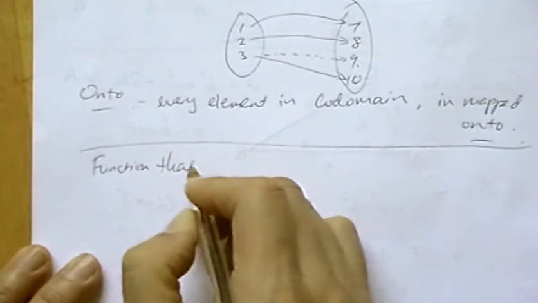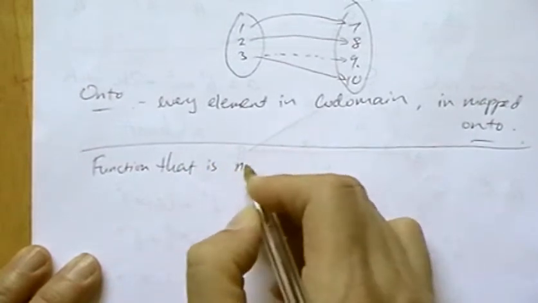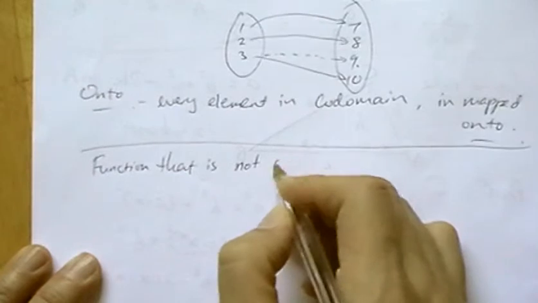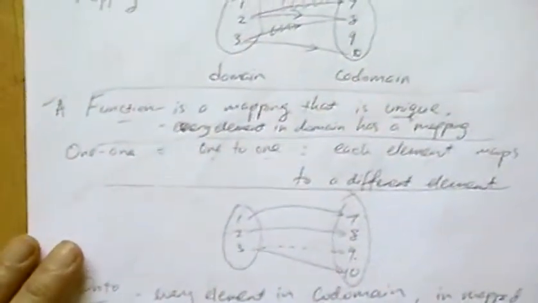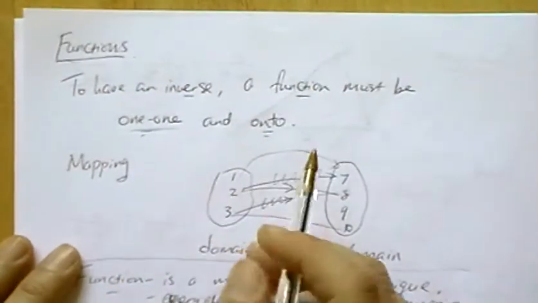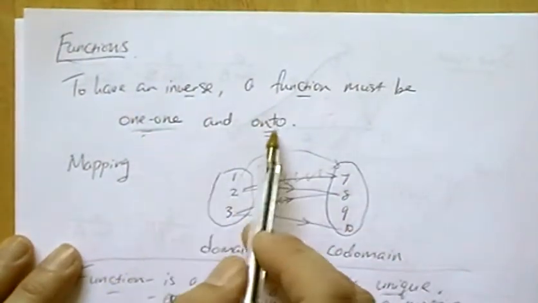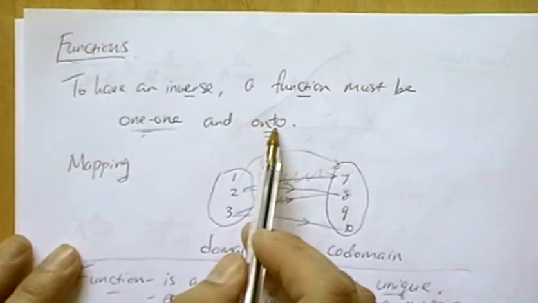that is not 1, 1. Now the plan here is this. According to this statement, the function must be 1, 1 and onto before it can have an inverse.